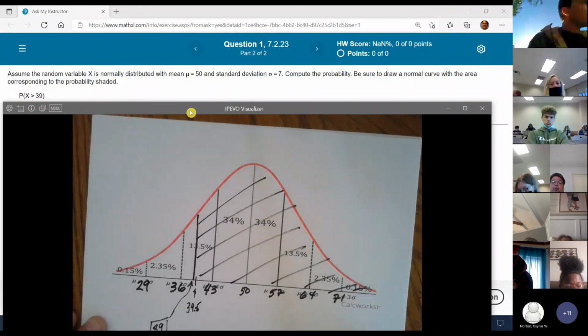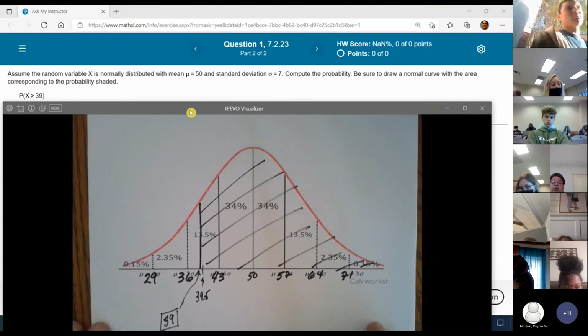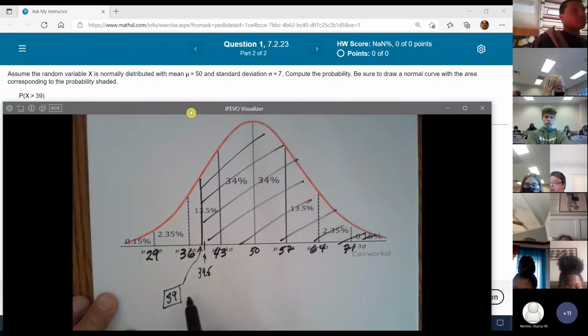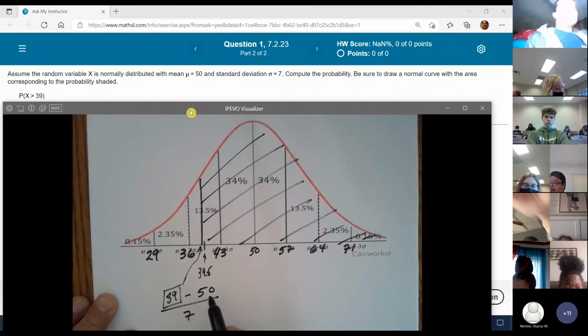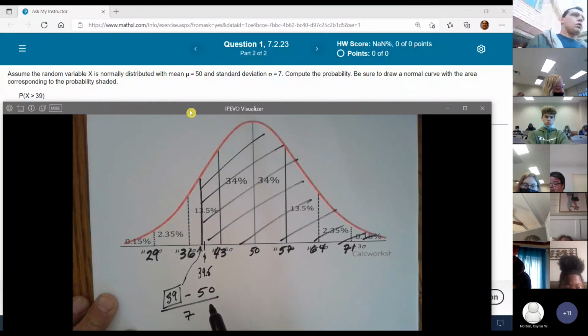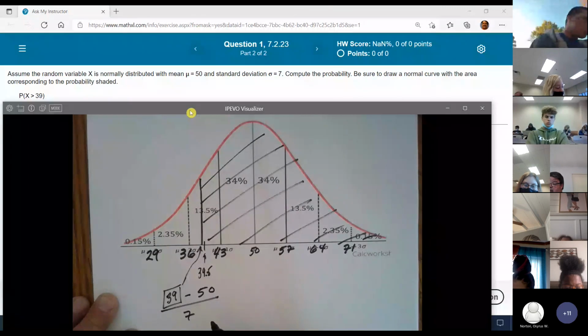Now, if you have an old calculator, you have to change 39 into a z-score. 39 minus 50 is -11.